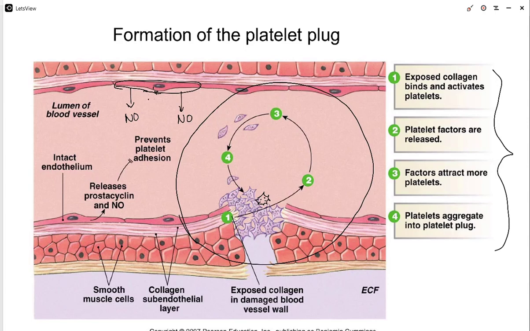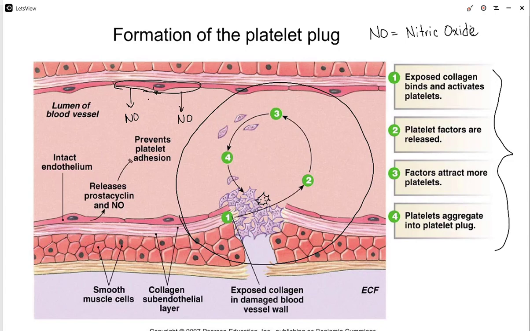So in addition to the formation of the platelet plug and the basic steps there, you also need to know that healthy cells secrete nitric oxide. So NO, let me write this out for you, NO equals nitric oxide. It's a gas, actually. And nitric oxide prevents sticky platelets from sitting on healthy cells.